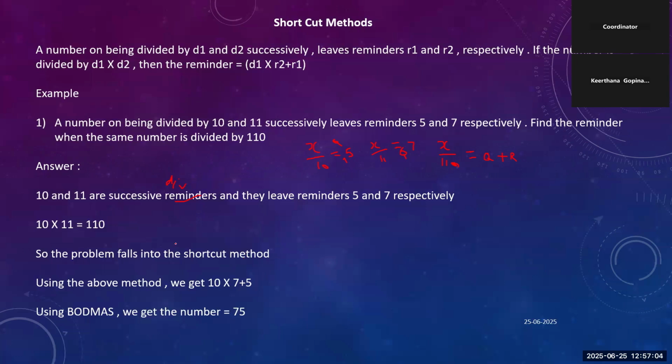Got it? Yes, sir. So now you come to the concept. A number on being divided by divisor D1 and divisor D2 successively leaves remainders R1 and R2 respectively. If the number is divided by D1 into D2, then the remainder will be D1 into R2 plus R1.